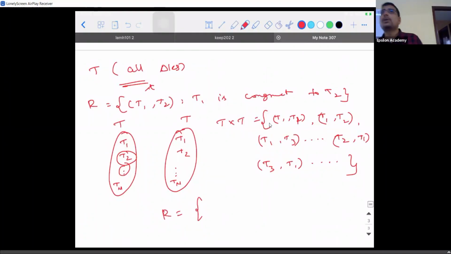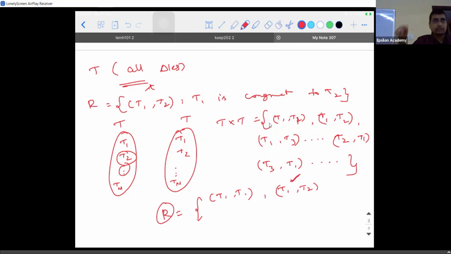So for me to pick the triangles where the first triangle is congruent to the second triangle, what are all the elements I can think of? T1 comma T1 can be written. Then if I write T1 comma T2, then what am I trying to say? I'm already concluding that R is a relation such that T1 comma T2 is also an ordered pair.